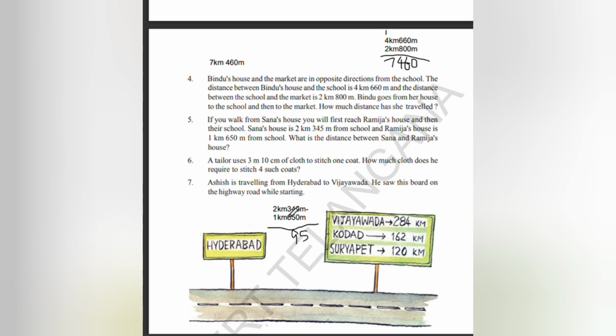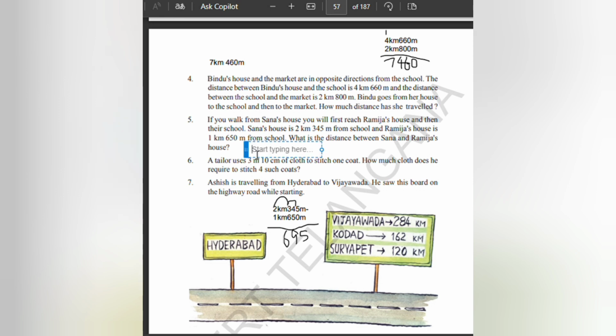Then what about here? Here it is 2. Borrowing 1 from here, it becomes 12. 12 minus 6, it is 6. Clear. 14 minus 5, it is 9. Then borrowing 1 from here, it becomes 12. 12 minus 6 is 6, so 695 meter.